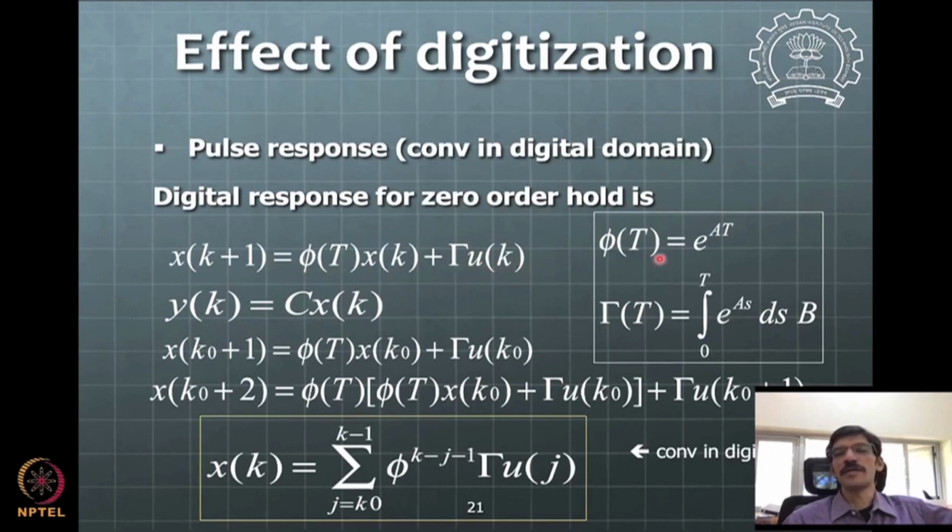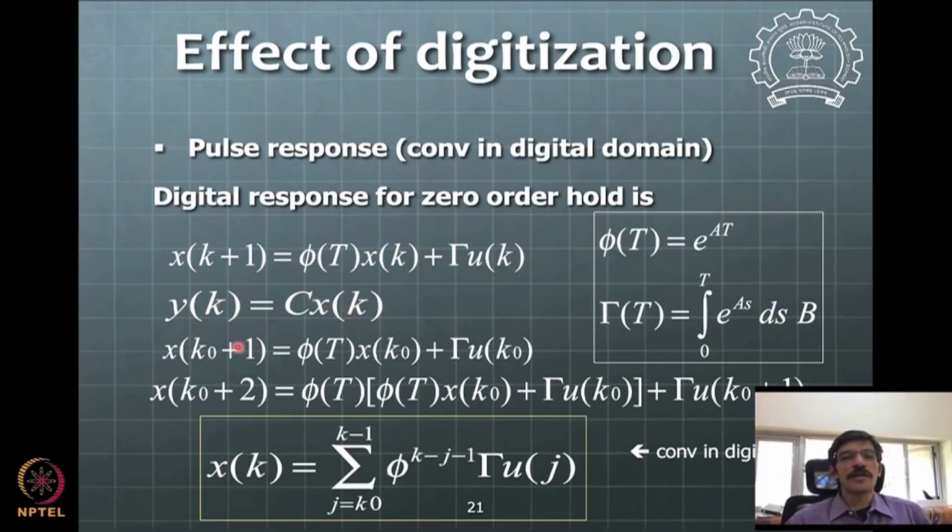This phi is the e to the power AT matrix, and psi is the integral of e to the power As ds times B. B is not a function of s, so it can come out of the integral, and this is the definite integral from 0 to T of this matrix, multiplied with the vector B, which is the system input vector. And y of k is equal to C times x of k. That remains as it is.